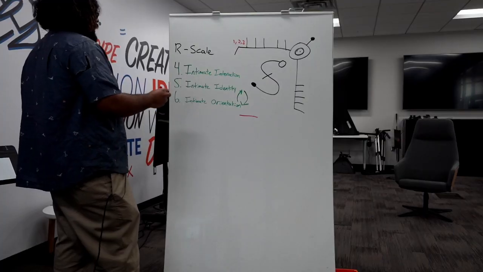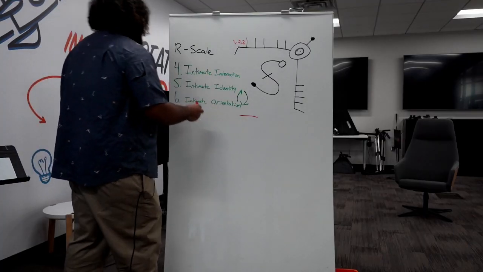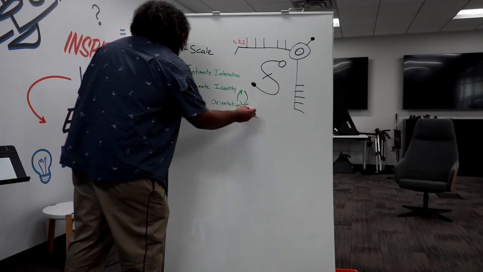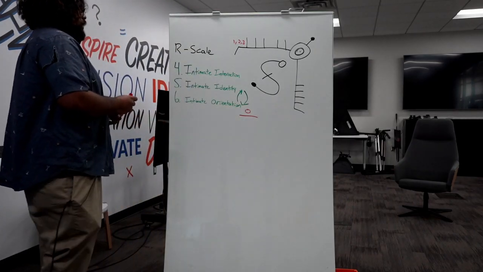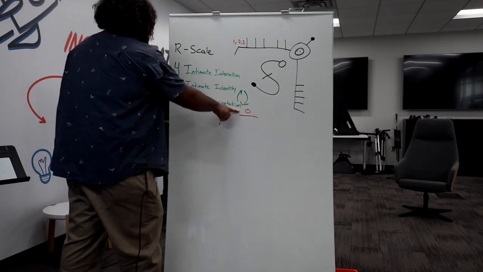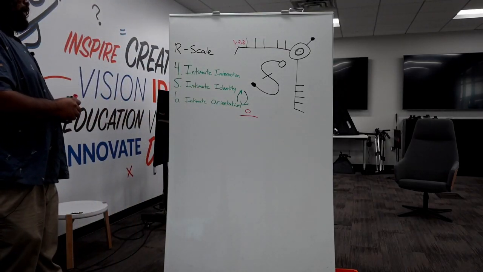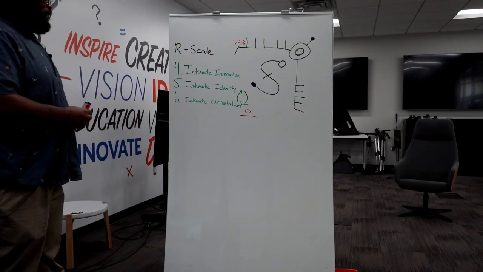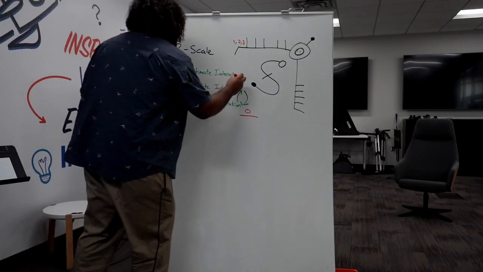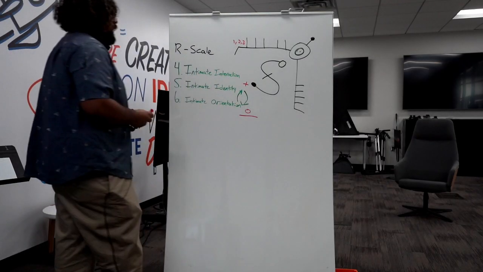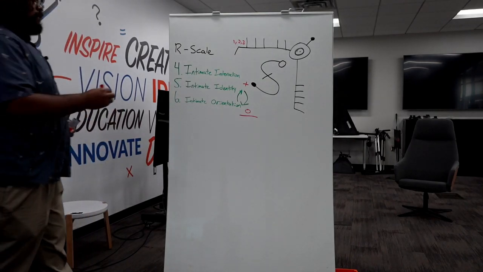So let's say that you get to the intimate orientation and there's a release of neurotransmitter. And we'll indicate that by putting this dot on top, the circle on top here. That potentially will lead to what you consider a positive identity. And that's the dot on top kind of thing.